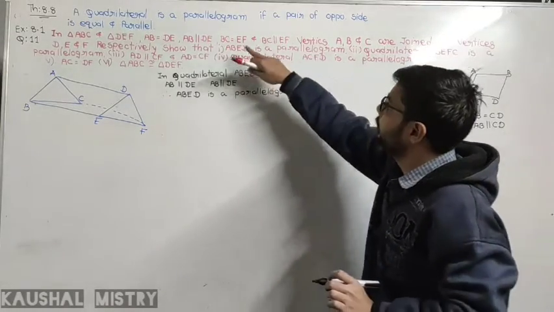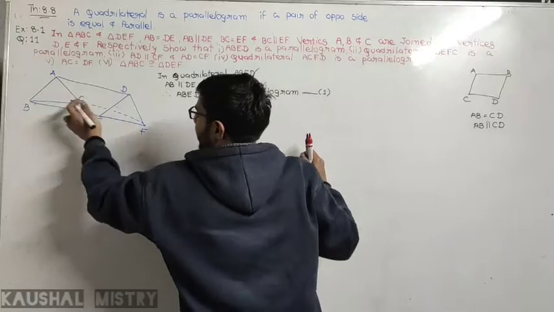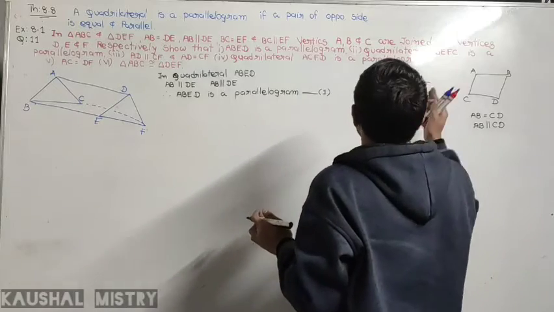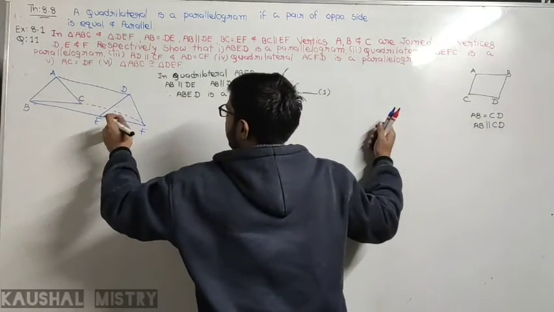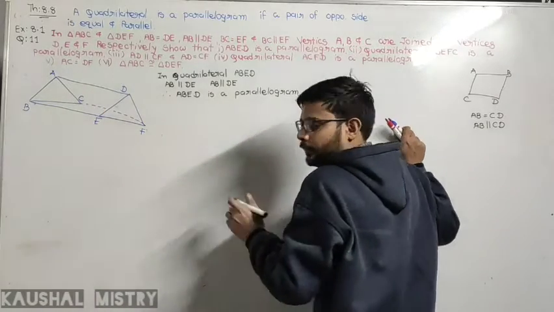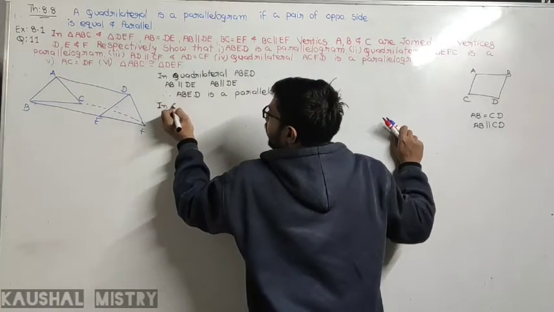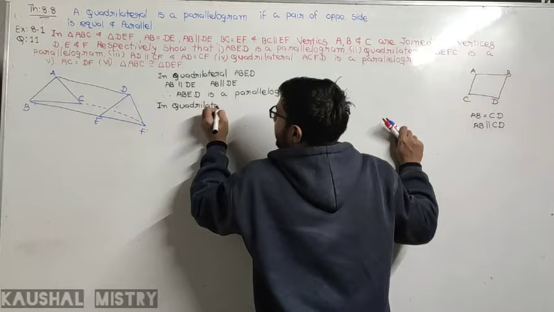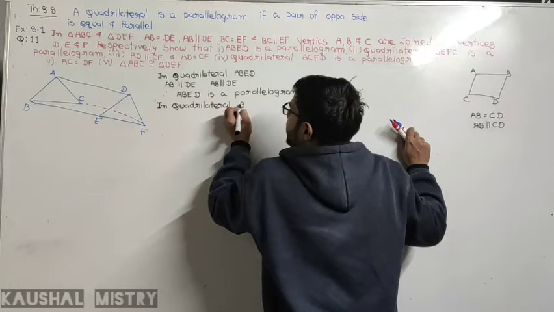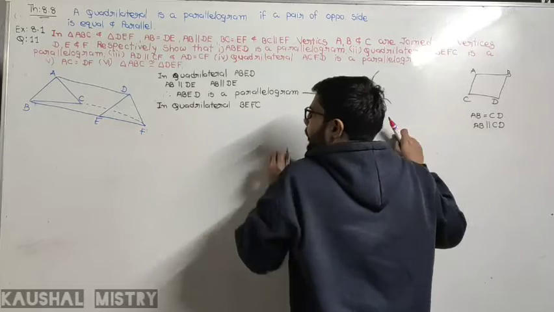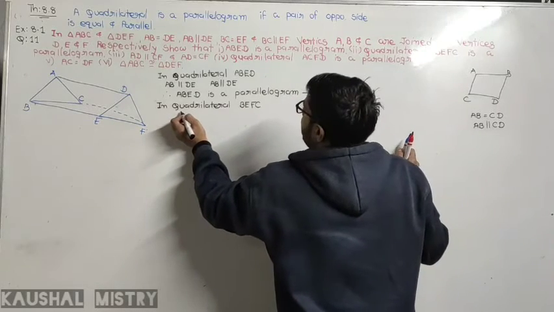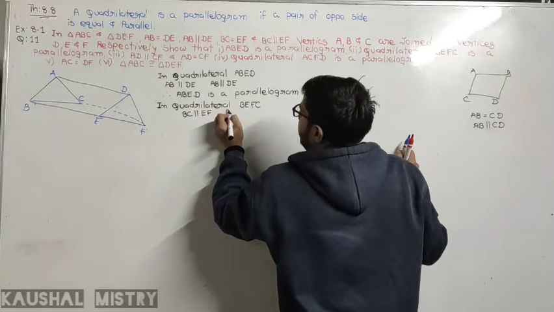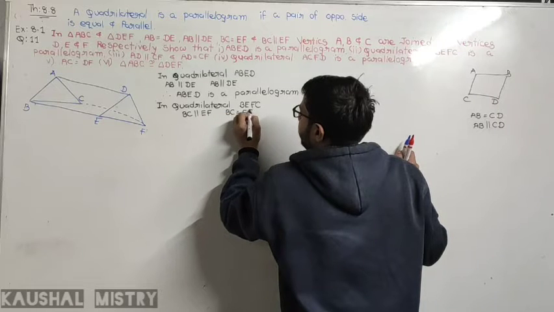Right? Second one, BC is equal to EF. This side is equal to this side and these two sides are parallel. That means BEFC is a parallelogram. In quadrilateral BEFC, BC is parallel to EF and BC is equal to EF.